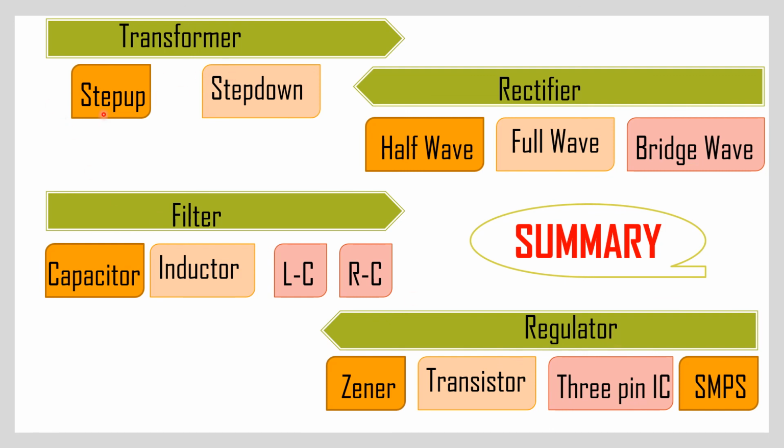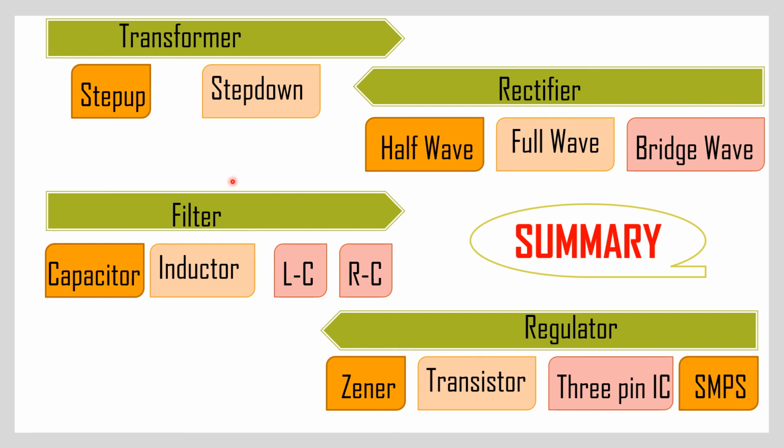For the transformer, there are two types, step up and step down. In a power supply, we use a step down transformer. For rectifiers, we have seen three types: half wave rectifier, full wave rectifier and bridge rectifier. We also saw the comparison between these rectifier circuits.